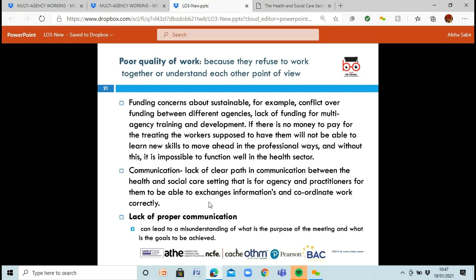So you need to make sure that you're communicating correctly and that the other person actually understands. And then again, lack of proper communication can lead to misunderstanding. You're not sure exactly what you're meant to be doing, what the goals are that need to be achieved. So communication, again, is another consequence of not working together in an efficient way.